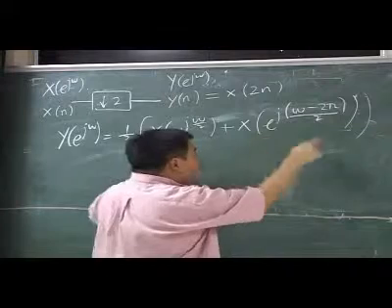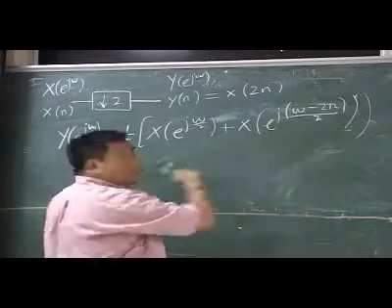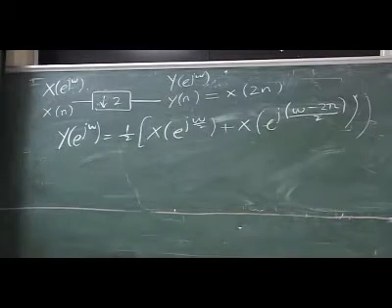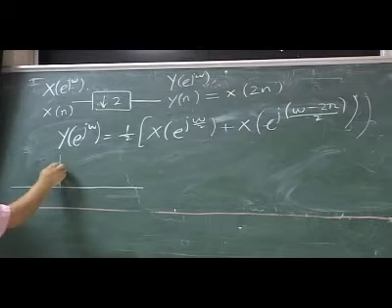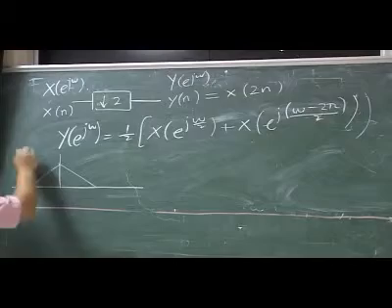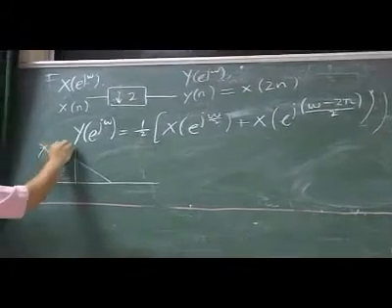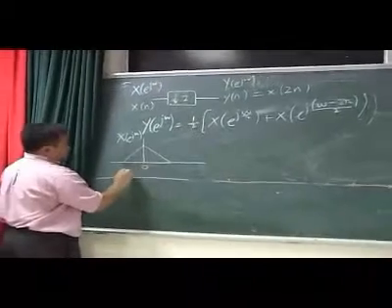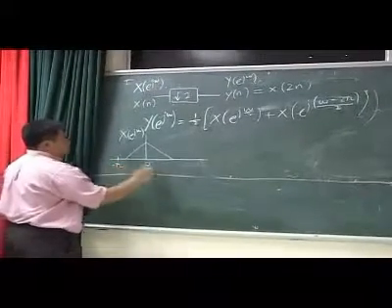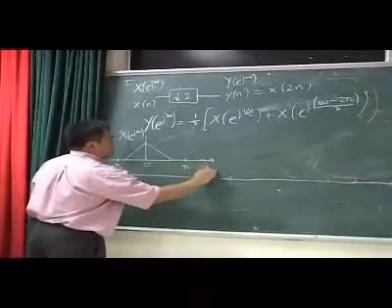Okay, so let's do this. Let's visualize this through an example. Okay, so suppose this is again X of e to the j omega. Let's say 0. So let's put pi over here, and pi over there.